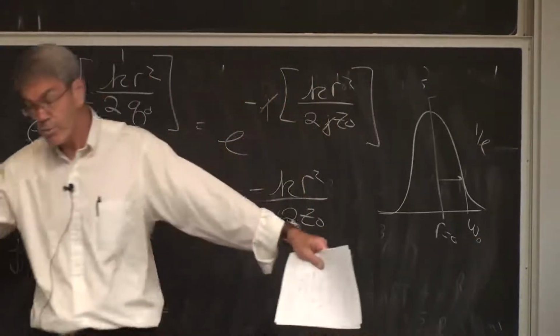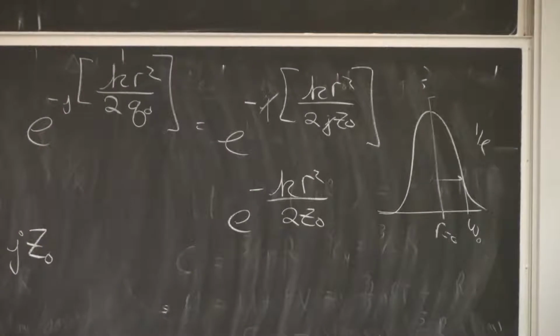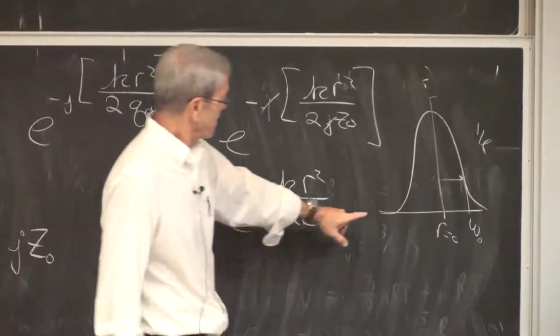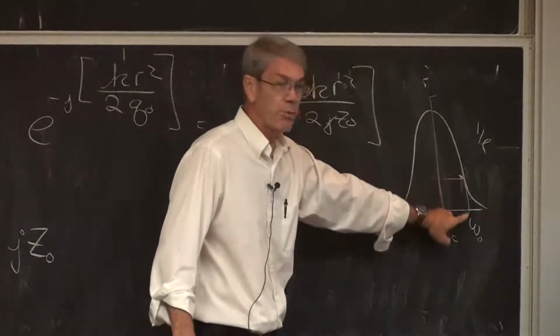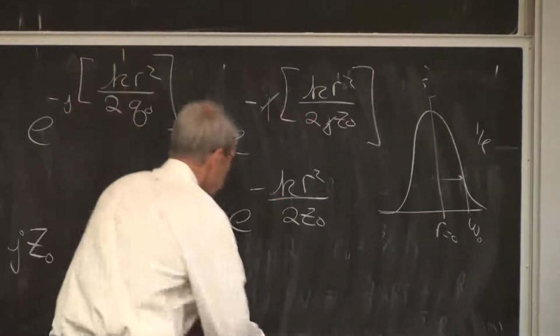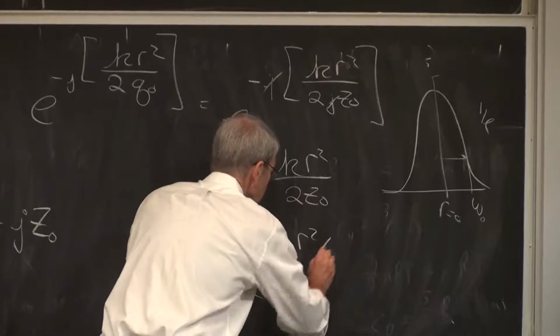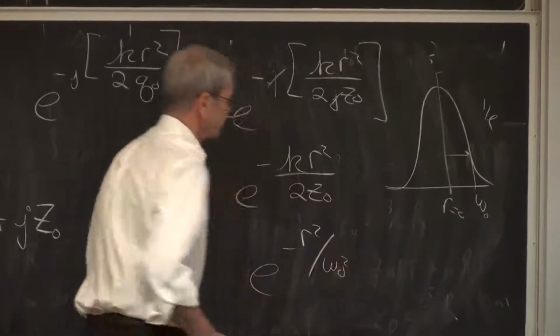I don't know why we call it omega, but it's called omega. And that's a radius. It's not like we don't have omega in frequencies and that kind of stuff, but somebody, sometime, somewhere said, we're going to call this radius omega. So if I've got a Gaussian beam, its 1 over e point would be omega, and so that would be described as e to the minus r squared over omega naught squared.